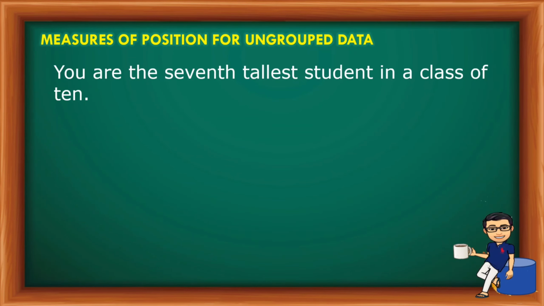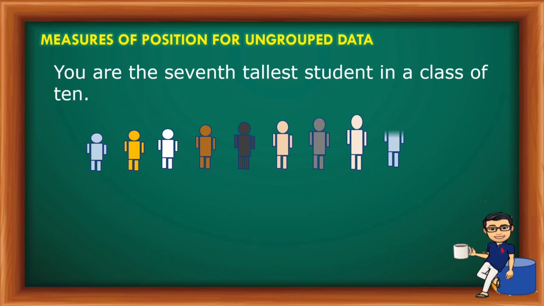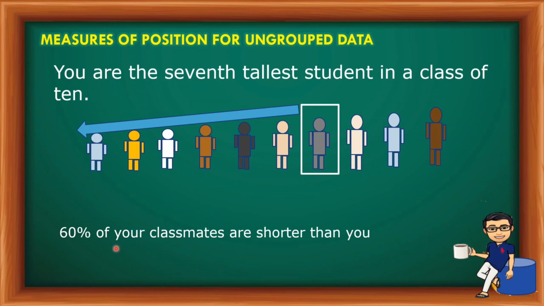Using this problem, you are the 7th tallest student in a class of 10. So let us consider that these are the 10 students in the class. If you are the 7th one, so ikaw yung pang-pito, that means to say that 60% of your classmates are shorter than you.